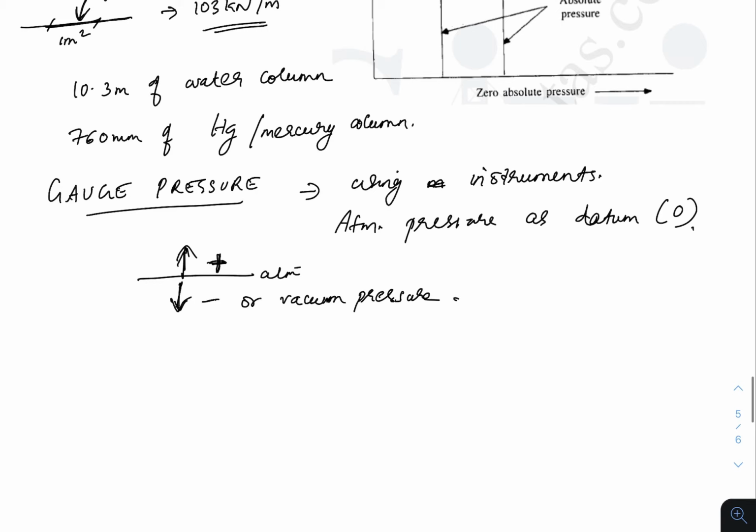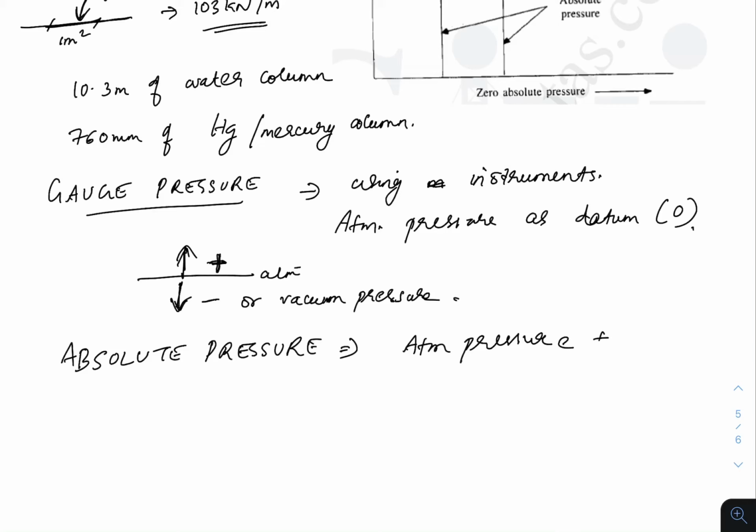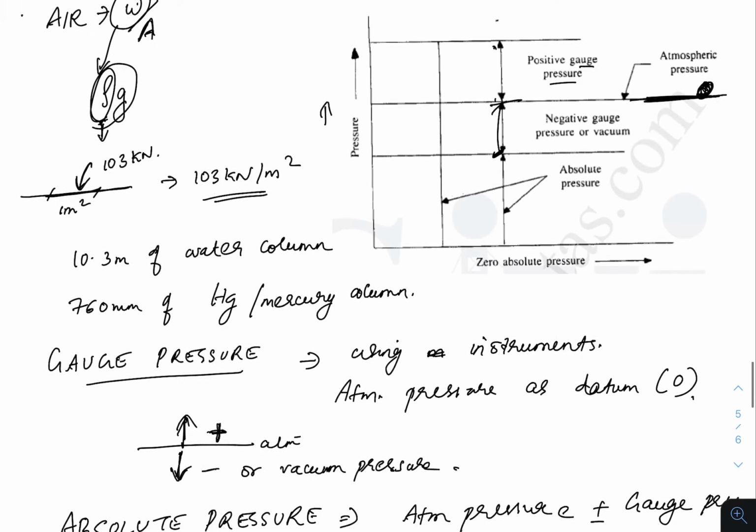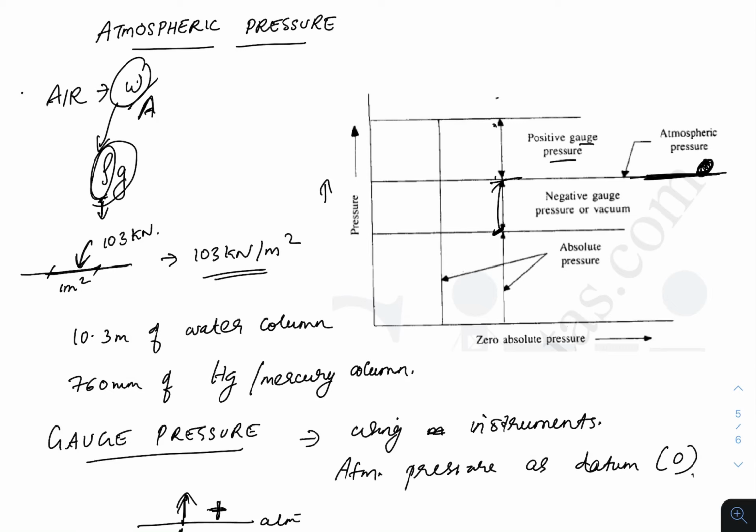Then the next one is absolute pressure. Absolute pressure means it's the algebraic sum of atmospheric pressure and gauge pressure. Here we have to put plus or minus because, from this figure, it is very easy to understand.